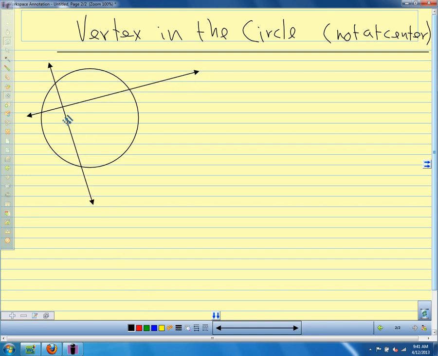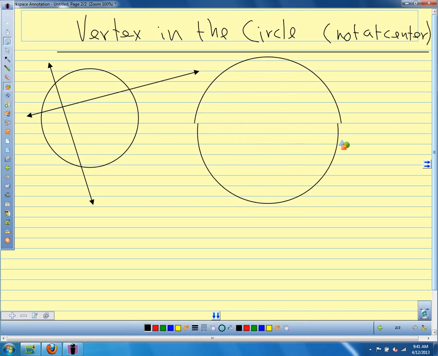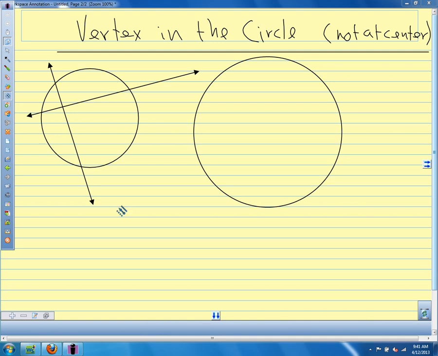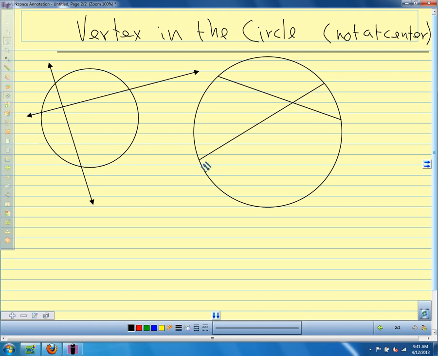And our vertex is in the circle but not at the center. And it could also be two chords. So I could just have something like so. So either of these two arrangements, my vertex is inside the circle, but it's not at the center. So we have a rule that we're going to talk about for this situation.